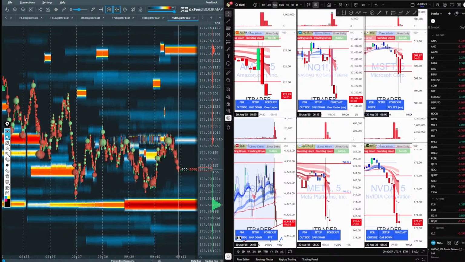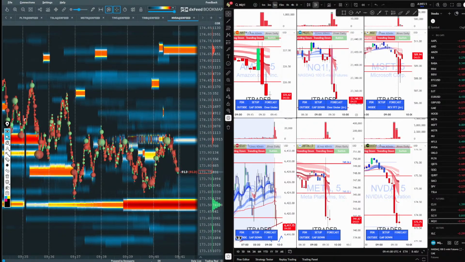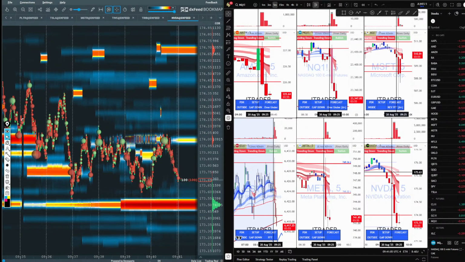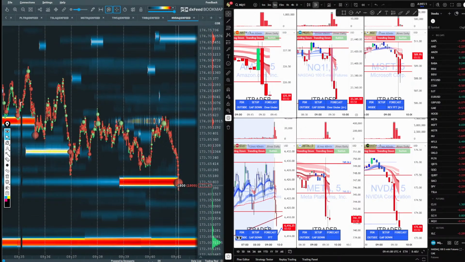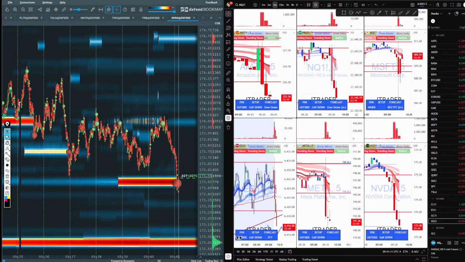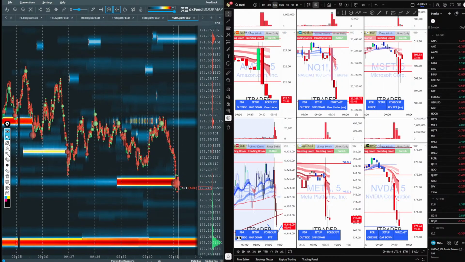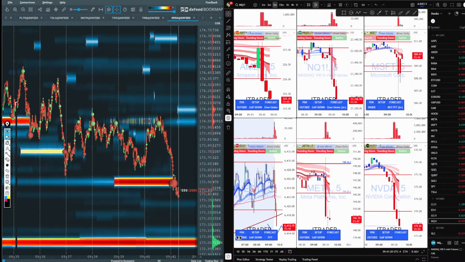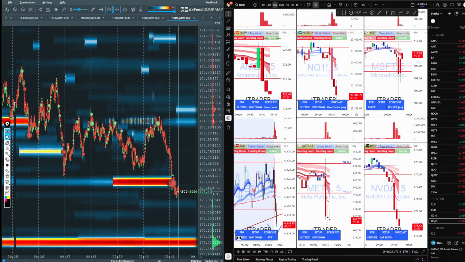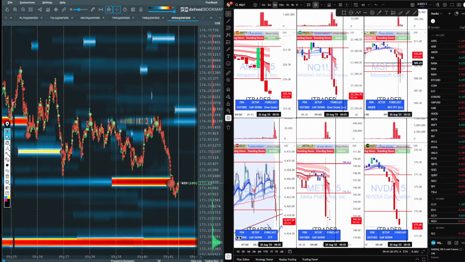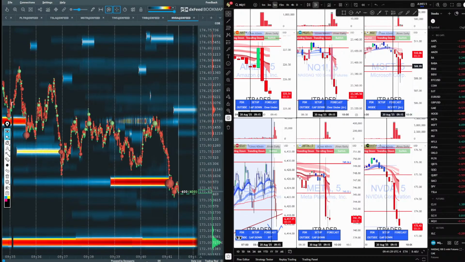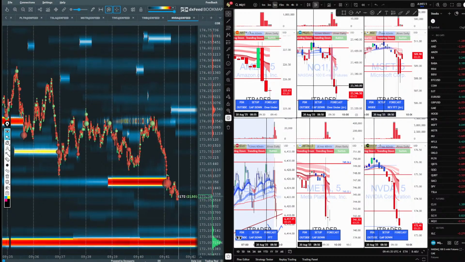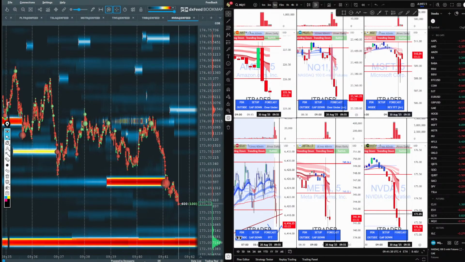Let's see, guys. Try to hold, try to hold, try to hold. Microsoft, the only one that didn't work as we wanted, so out, break even. New lows, guys, on NVIDIA.